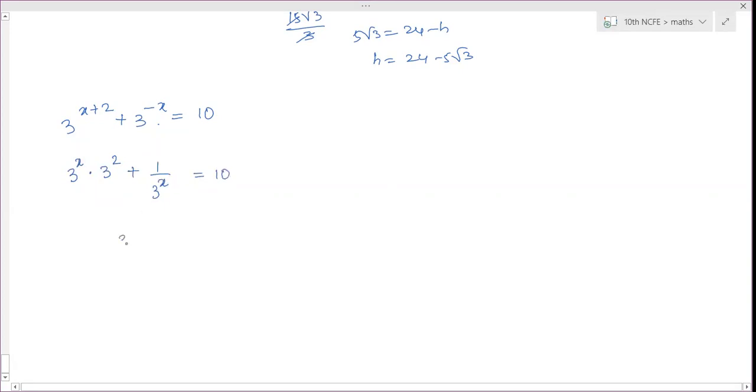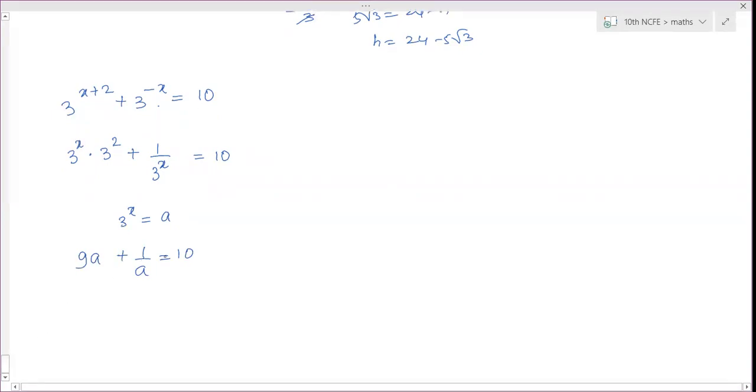Got it? Now consider 3 to the power x as a, or y, anything. Now simplify the equation. So a into 3 square is 9a plus 1 by a is equal to 10. Clear? Now simplify this. 9a square plus 1 is equal to 10a. So 9a square minus 10a plus 1 is equal to 0.